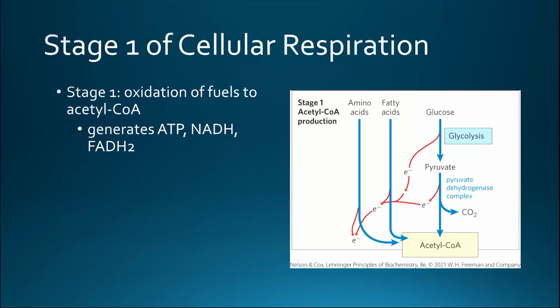Right now, we're going to look specifically at the conversion of pyruvate into acetyl-CoA. That step has no particularly good name. It's often called the bridge step or the transition step or simply the pyruvate dehydrogenase step. It is this step that happens between the end of glycolysis and the beginning of the citric acid cycle.